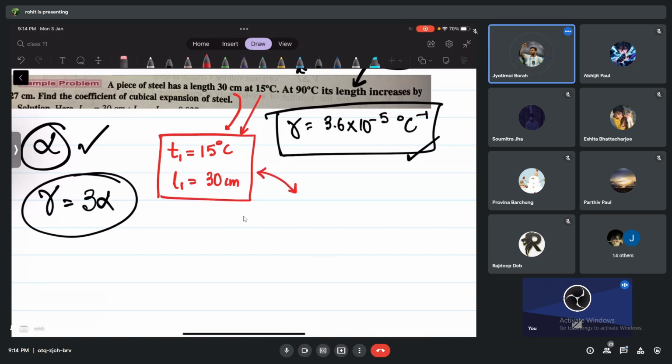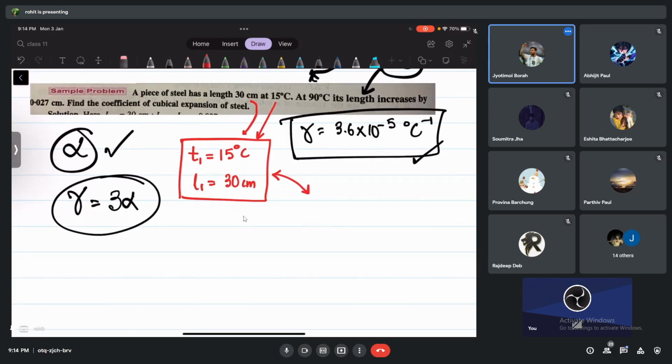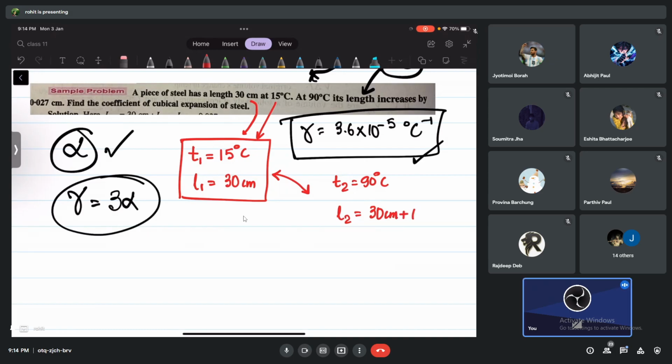Yes, sir. Then what is the other temperature? T2 is 90 degrees Celsius, right? What's the length now, L2? 30 centimeter plus 0.027. This is the next length, right? Yes, sir.